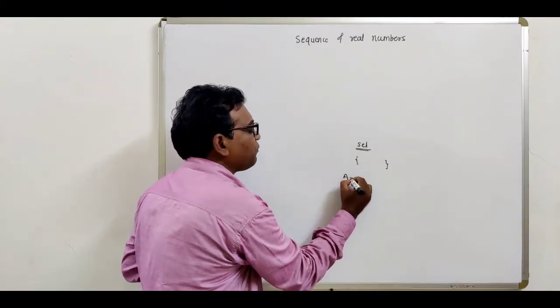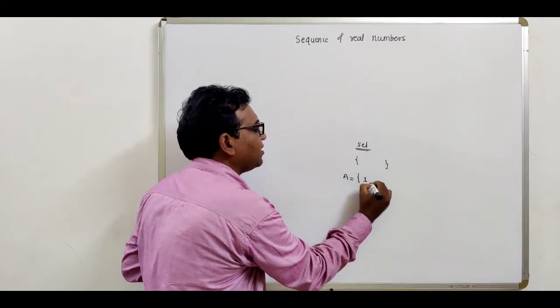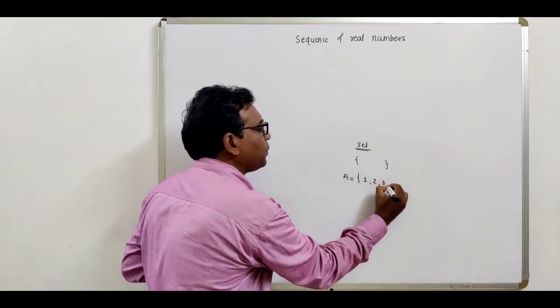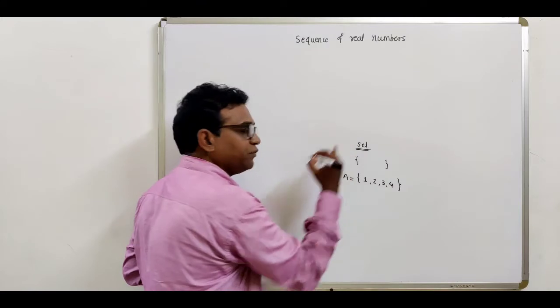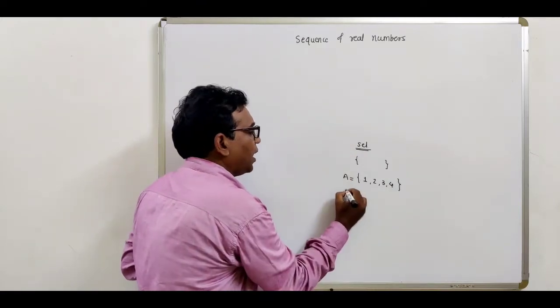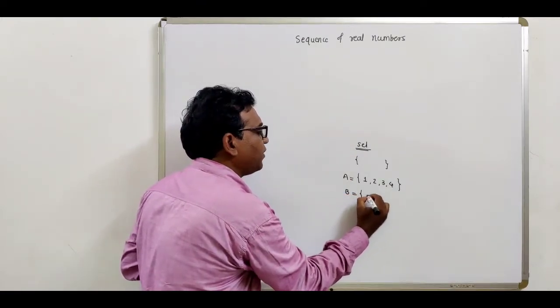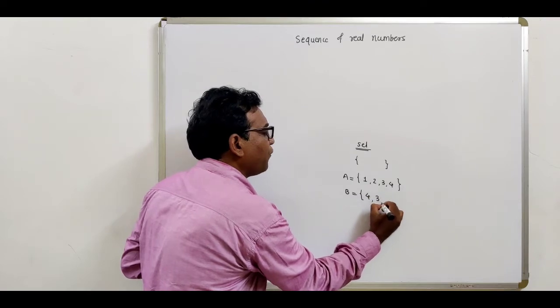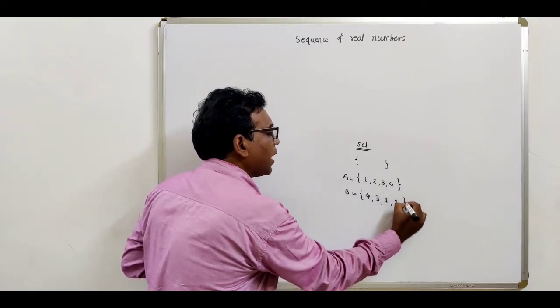Now suppose we consider set A, which contains 4 elements 1, 2, 3, 4, and consider B, which contains 4, 3, 1 and 2.